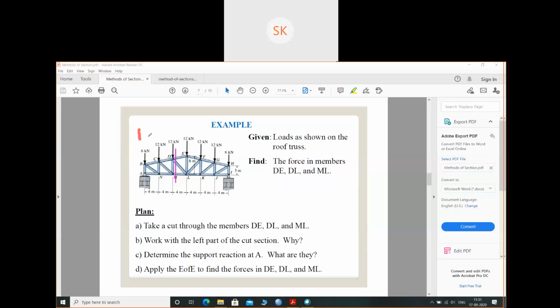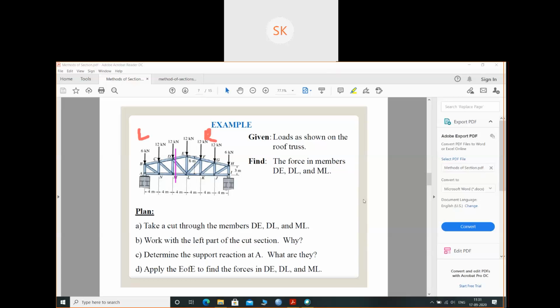This is your left part from the section. This is the section, this is the left part and this is the right part of the section. So I'm asking from which part we should work out. Obviously, when I'm making a cut section, if we analyze this part, we'll get the answer easily.